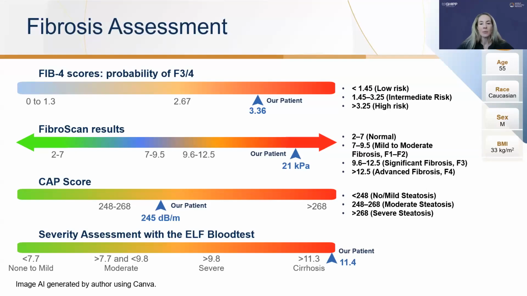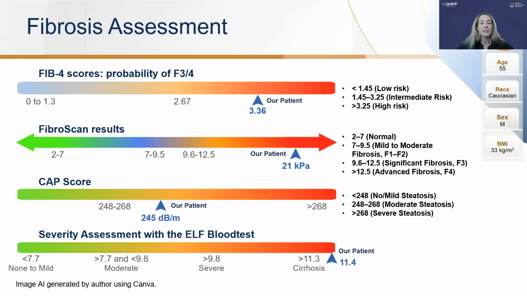And FibroScan comes back with a 21 kPa measurement, which, if you consider the Baveno criteria, which uses liver stiffness measurement by FibroScan and platelet count, this patient is then in the cirrhotic range with concern for clinically significant portal hypertension with a platelet count less than 150,000 and with a kPa of 21.